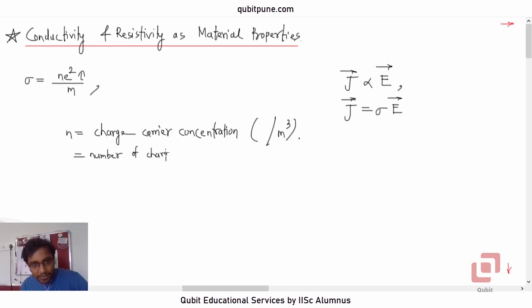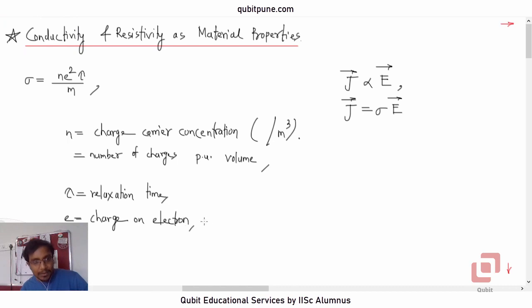Number of charges per unit volume, that is small n. I will not describe e again. e is the charge on the electron. Tau is the relaxation time. Let me write it here for the sake of completion. e is the charge on the electron, or any other charge carrier, and m is the mass of the electron.